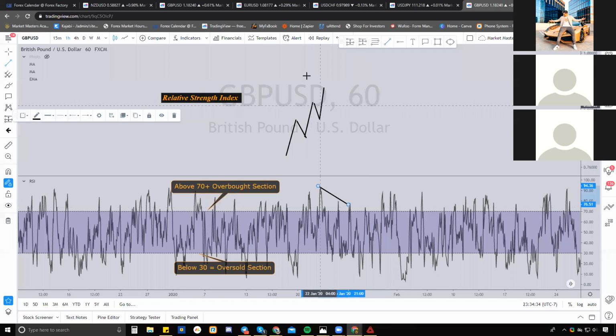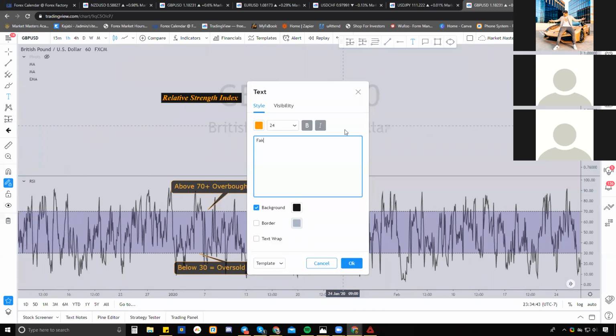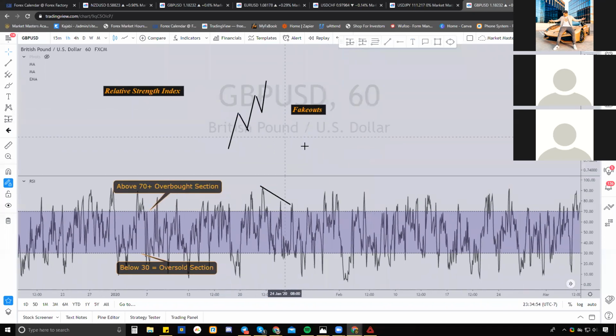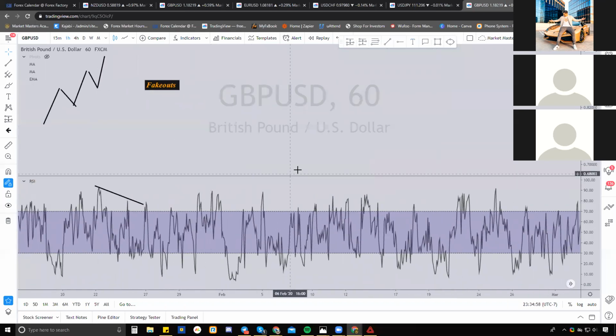And if it shows on the charts up here that price is going up, then it's what you call a fake out. So the main portion about this indicator is to spot those fake outs. So this is showing it's going up, and then the indicator is showing that it's reversing. So that's going to be the main thing. Now, what I do is, well, at least for the practice portion, so when it's above the 70, I look for anything that's slanting down.